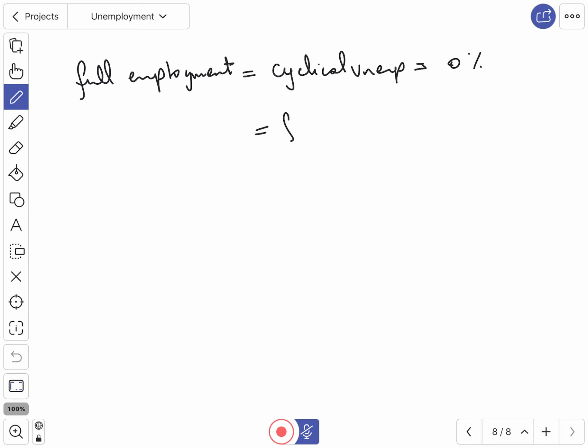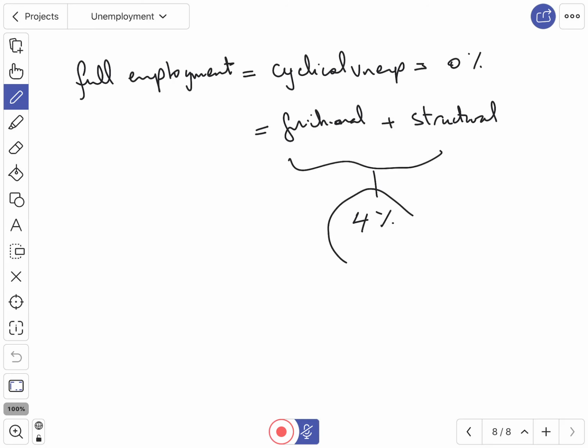I do have the frictional, and I do have the structural, right? So these two combined are usually, let's say, for example, 4%. So if you say, okay, the unemployment rate is 4%, and I have full employment, then you understand that this does not include cyclical.